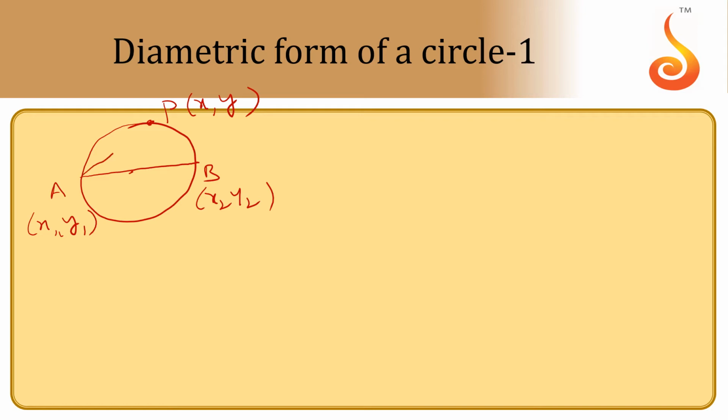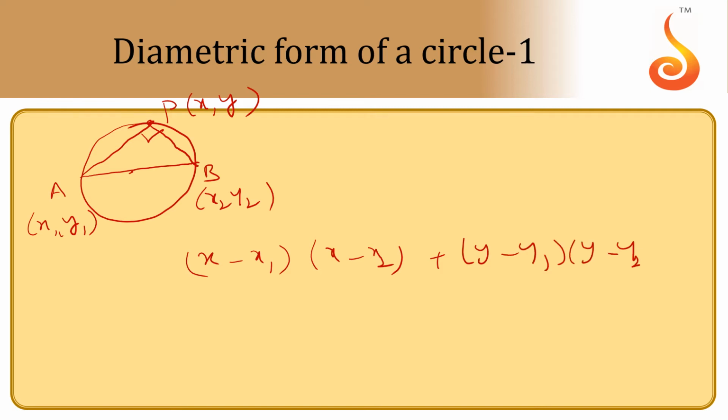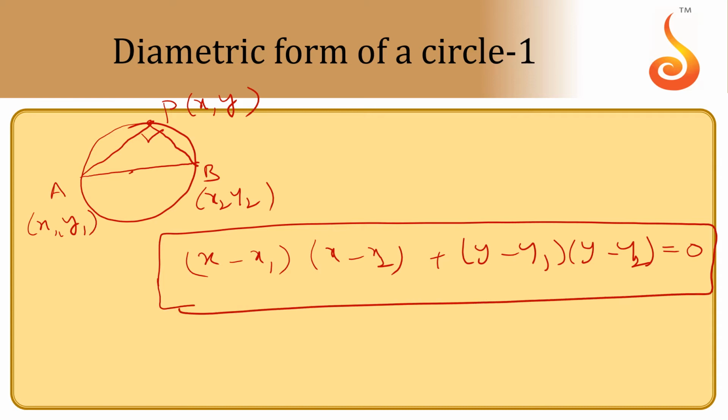As you know, the angle in a semicircle is 90 degrees. The product of slopes of PA and PB must be equal to -1. So if I apply that condition, I'll get x minus x1 into x minus x2 plus y minus y1 into y minus y2 equal to 0. So this is the formula to find the equation of the circle when the extremities of one diameter x1, y1, x2, y2 are given.